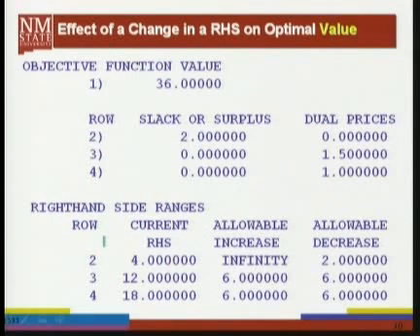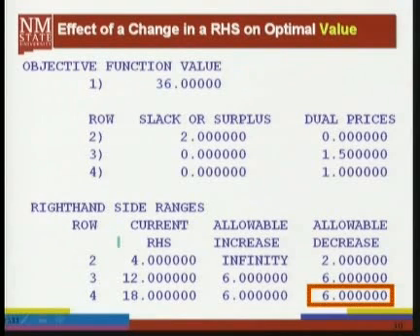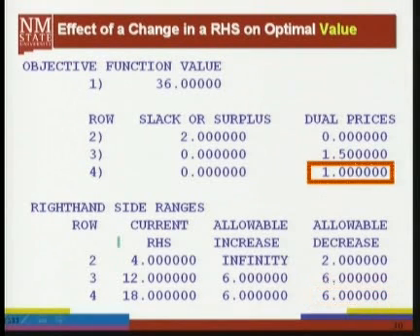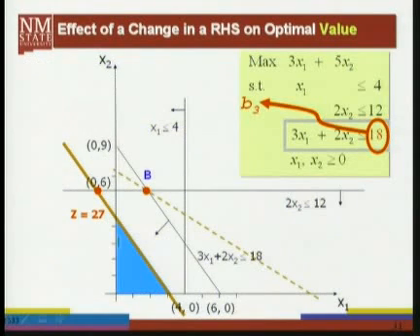Okay, then what if B3 is decreased by 8 units, which is outside the allowable range? Can you say the objective function value is decreased by 8 times this much? No. In this case, the original optimal solution is no longer feasible, right?